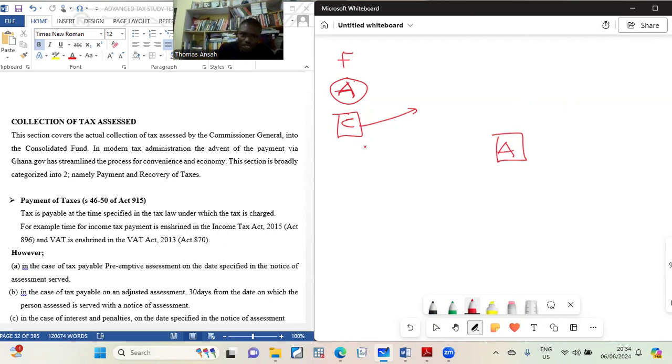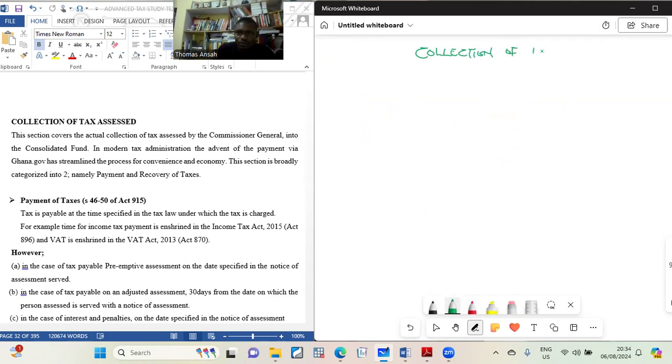So what we are doing actually ends here. So let's talk about collection of the tax assessed. All right. So let's look at it.